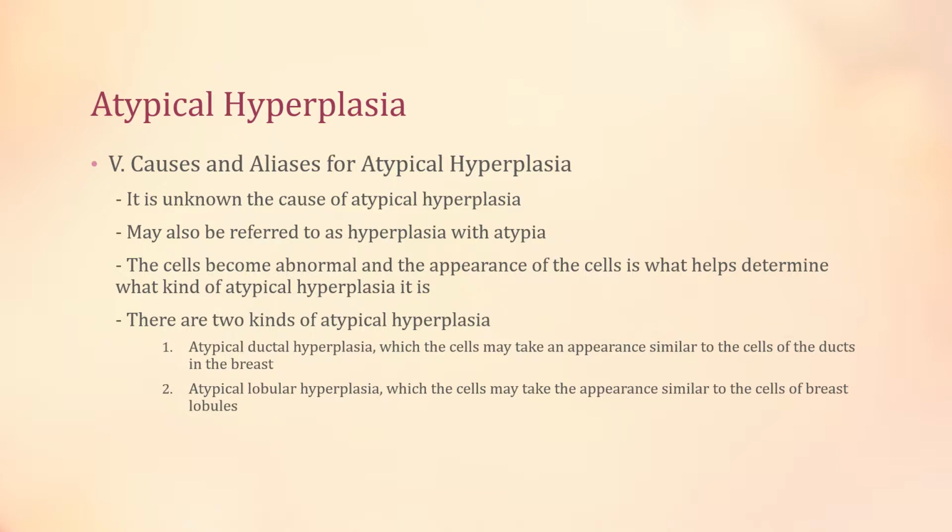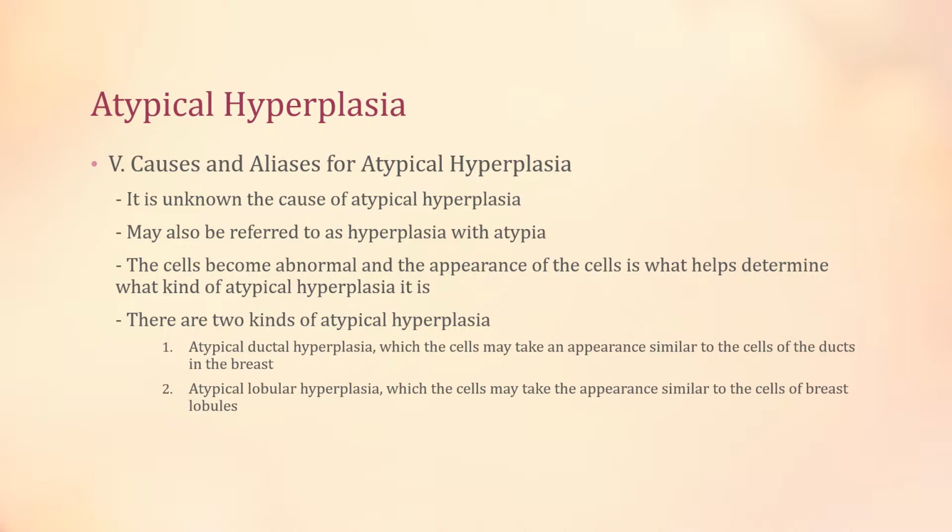What are the causes and other known names for atypical hyperplasia? The causes for atypical hyperplasia are unknown, but it may also be referred to as hyperplasia with atypia. This could be because the cells become abnormal or atypical, and the appearance of the cells is what helps determine what kind of atypical hyperplasia it is.